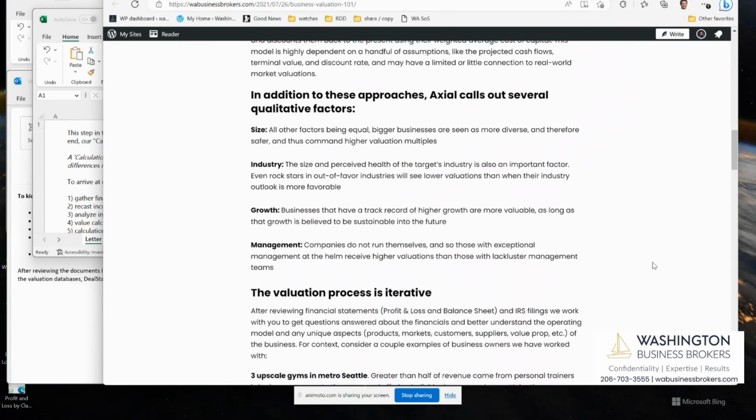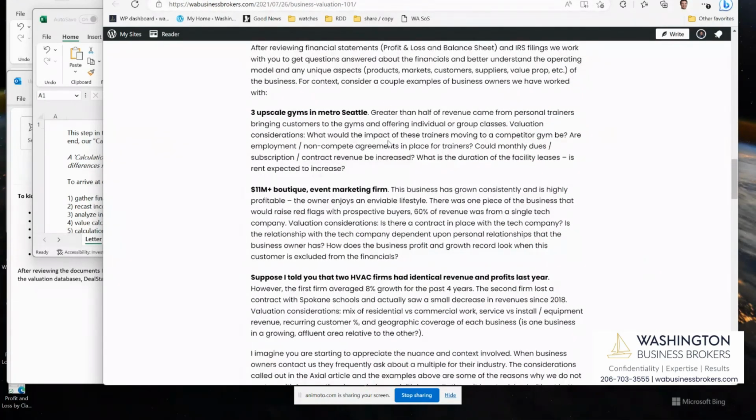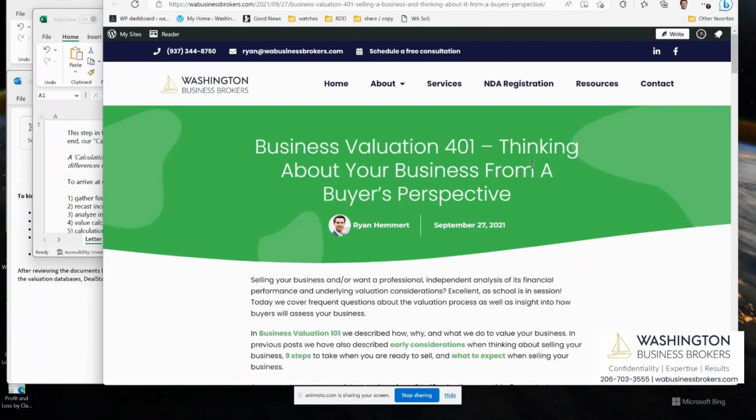And then in addition, we've got information on the documents that are required and several examples, right, with valuation considerations. Once you read Business Valuation 101, I would encourage you to read Business Valuation 401 as well, right? And that goes into more detail, as well as thinking about your business importantly, from a buyer and a commercial lender's perspective.